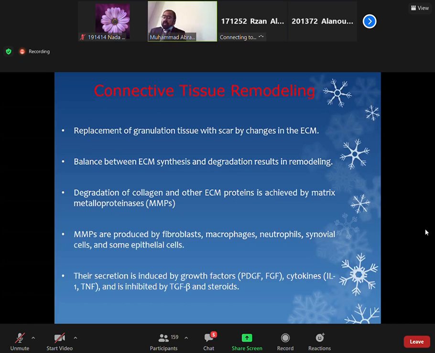Their secretion is induced by growth factors PDGF, FGF, and cytokines like interleukin 1 and tumor necrosis factor, and it is inhibited by transforming growth factor beta. When the metalloproteinase goes out, it relaxes or degrades this collagen, and slowly and gradually the whole irregular thing becomes smooth and does not look abnormal. This is called remodeling of the structure.